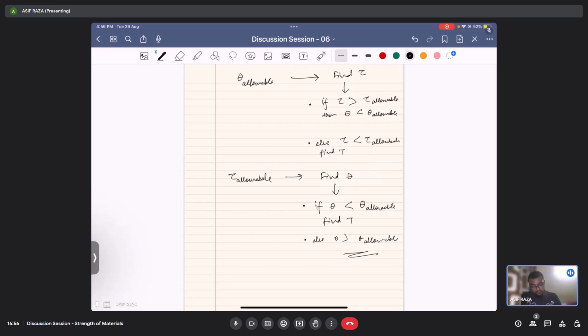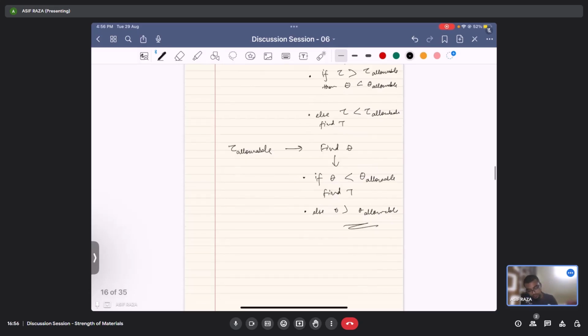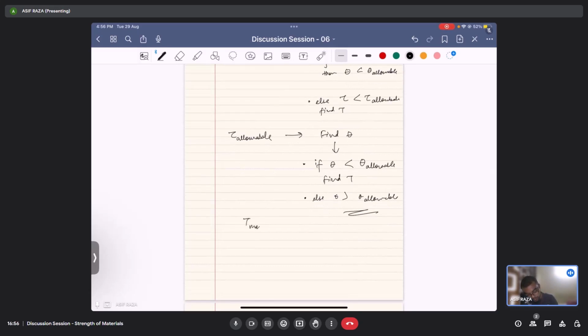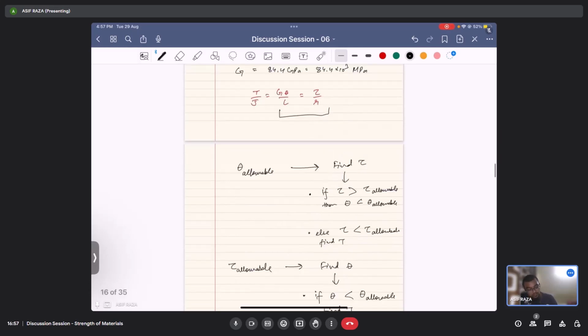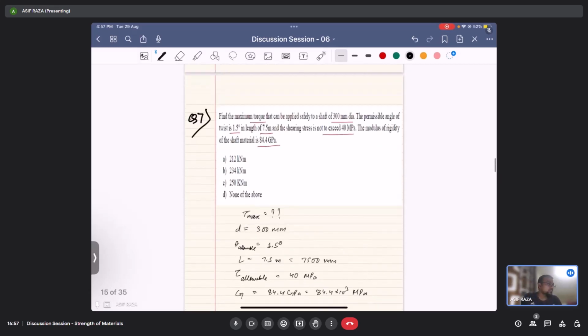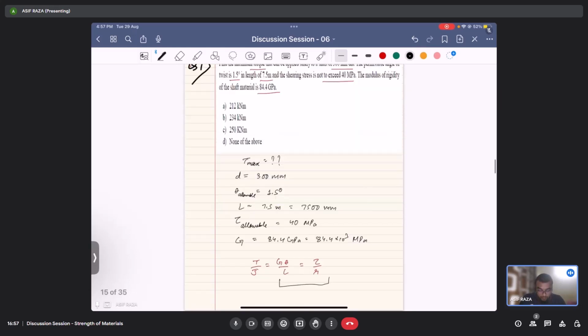Considering both, you need to check which of them gives a lesser torque, because that would be my design capacity, and T max would be the lesser of those two. Okay, I have given you a hint. You may try and solve this. Moving on to the next question.